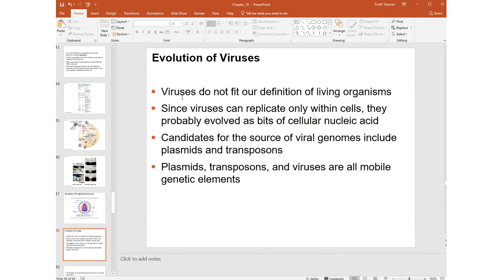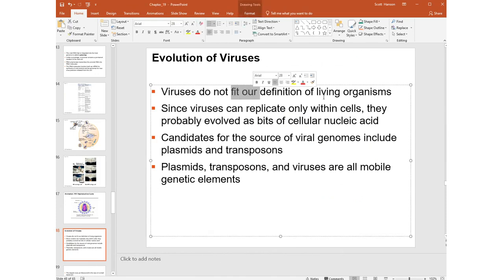So now we mentioned before then, viruses do not fit our definition of living organisms because they can't reproduce on their own. They can't even carry on metabolism on their own. So since they can only replicate when they're inside cells, those who are coming up with hypotheses about evolution, they think that maybe they evolved as bits of cellular nucleic acids that began to act independently on their own.